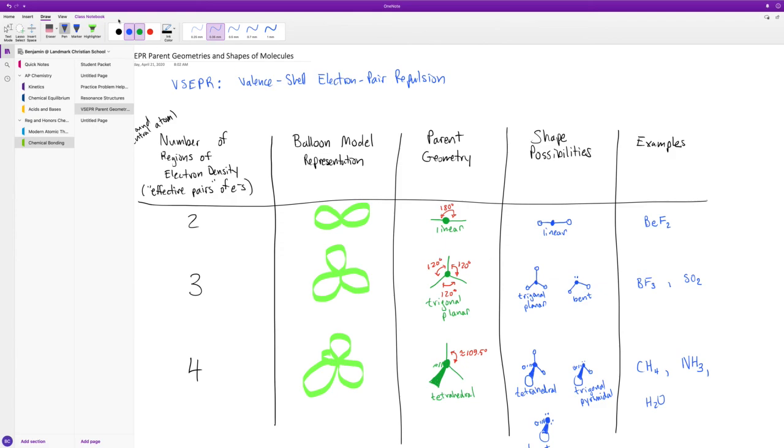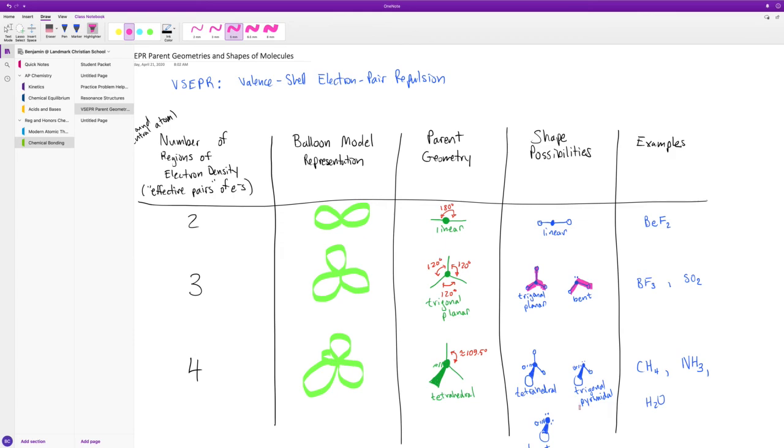So if you're just looking at where the atoms are, and I've tried to highlight that in pink here, this is a trigonal planar thing, and this is just bent. The lone pair doesn't really have an atom up there. That's just electrons. Okay, so we have a bent molecule in the case of sulfur dioxide.